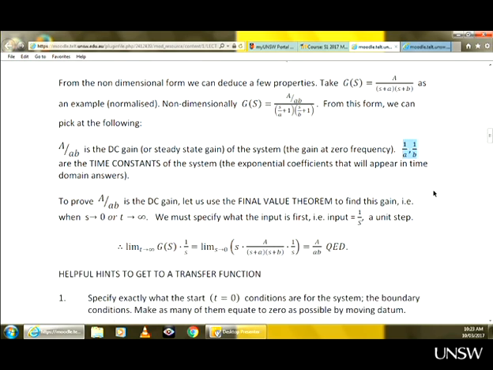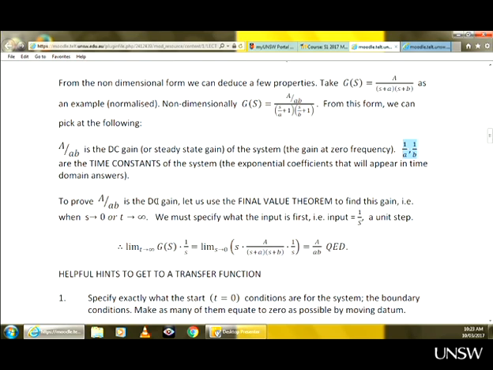Let's see very quickly what a DC gain, or steady state gain, is. Steady state gain is relevant in the steady state case, when time equals infinity. It describes what the system does at infinity, and it represents the ratio of the value of the output divided by the value of the input at infinity.